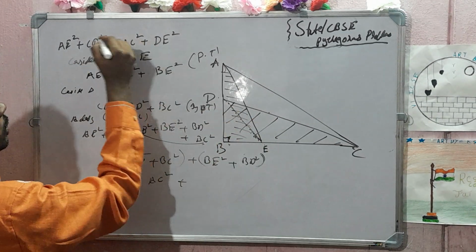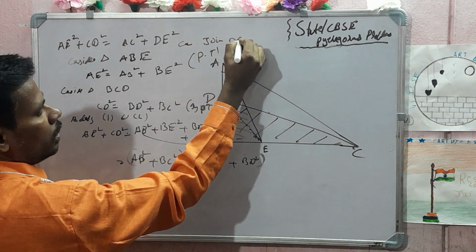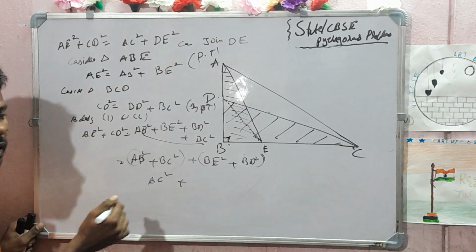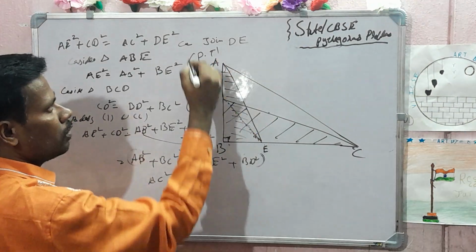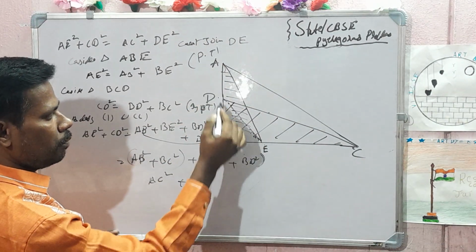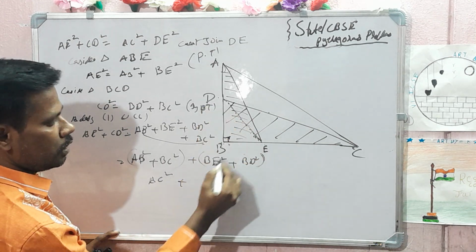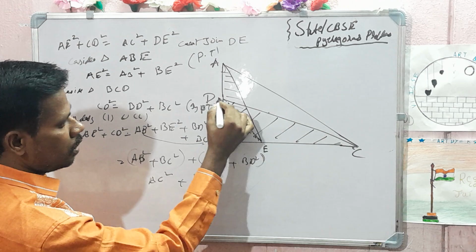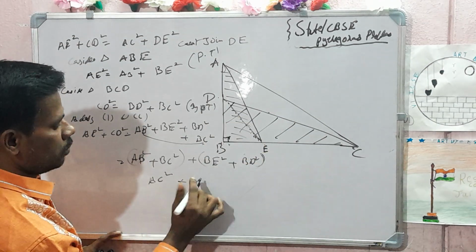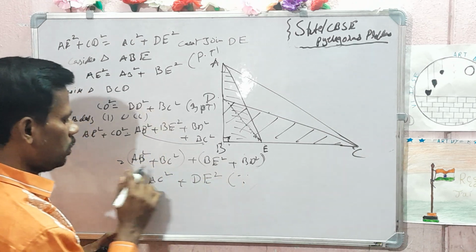You can write here construction: join DE. Construction statement, write down join DE. So therefore BE square plus BD square is nothing but DE square. Why do we write like this?